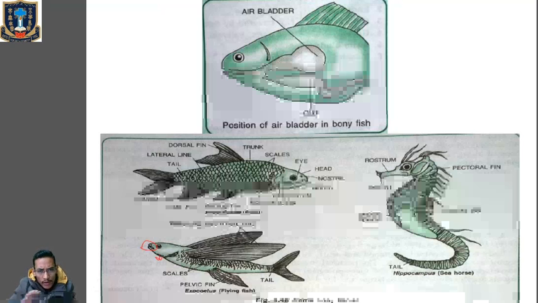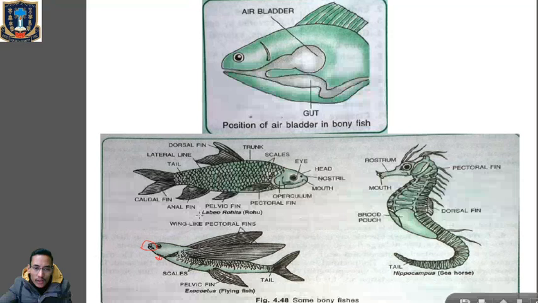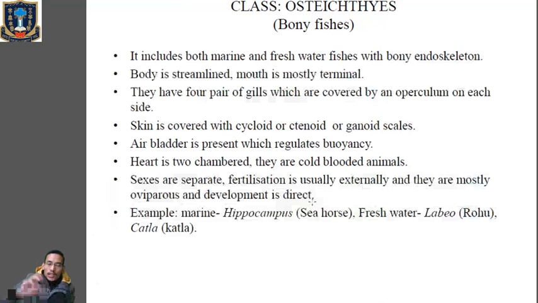Let's see the structures. If you see the second figure, of Labeo rohita, you can see the presence of the operculum. This operculum mainly protects the gill slits. So they have 4 pairs of gills, and these gills are covered by the operculum.